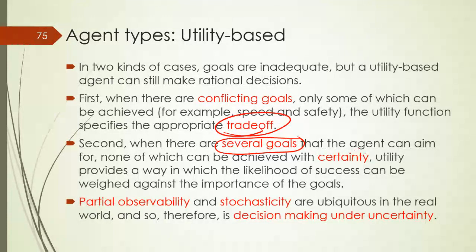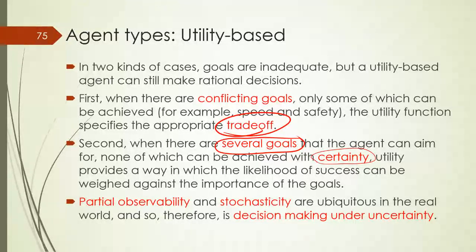And that will help us with this method. The agent can aim for several goals, none of which can be achieved with certainty. We can't do 100% of all of them. We want zero fuel consumption, and we also want to get there as soon as possible. So we can define a combination of those.